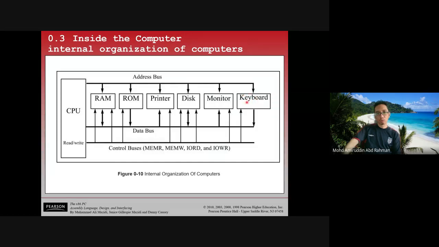And for the keyboard, because it is an input device, what you need to do is just press the key on the keyboard and instruct the CPU to do anything. So the direction is just from the keyboard to the CPU. And then look at the control buses. The control buses are also like the address bus, from the CPU to all of the devices.